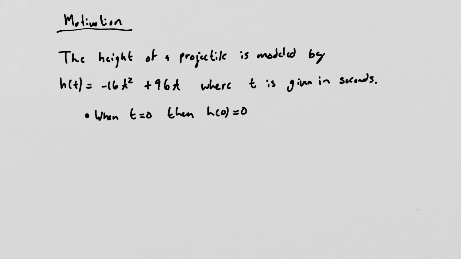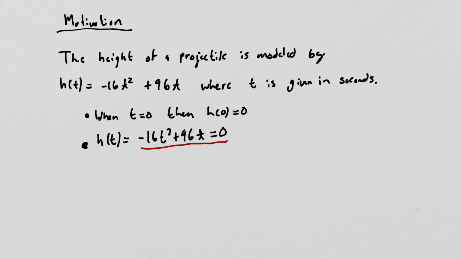To do this, we need to set our height function equal to 0 and then solve for t. So as we saw in the last section, we need to figure out what this t is in this equation over here.